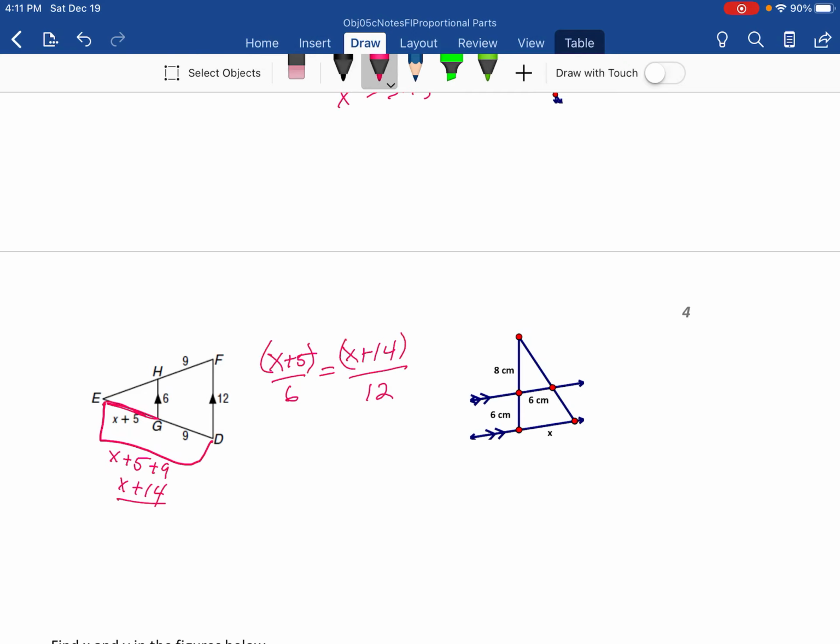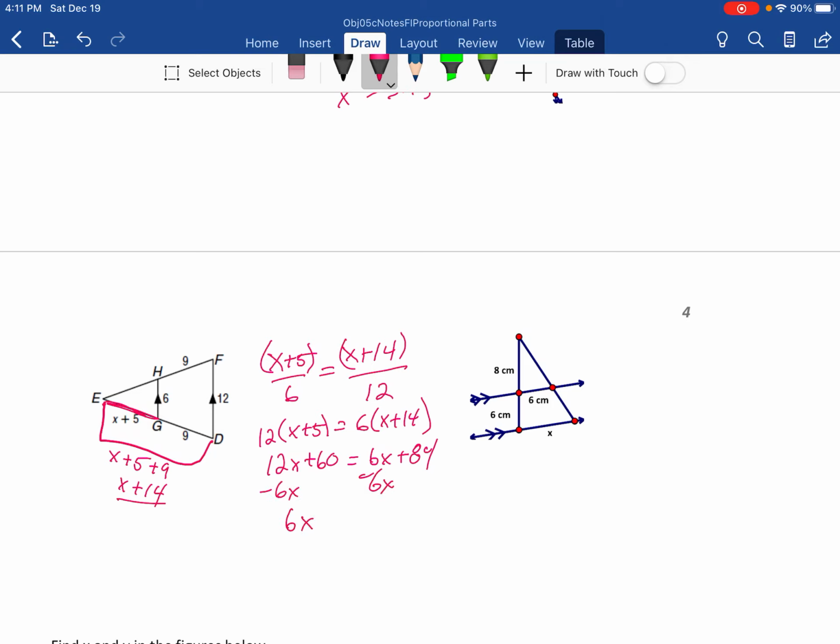So you cross multiply, just be very careful when you're cross multiplying. I have 12 times X plus 5 is equal to 6 times X plus 14. That's 12X plus 60 is equal to 6X plus 84.